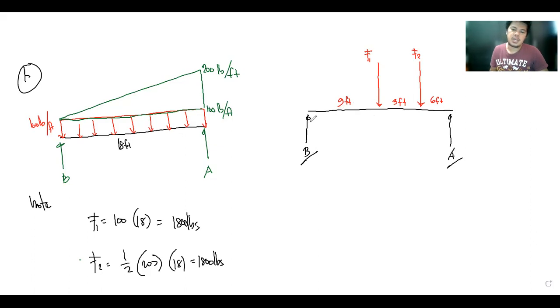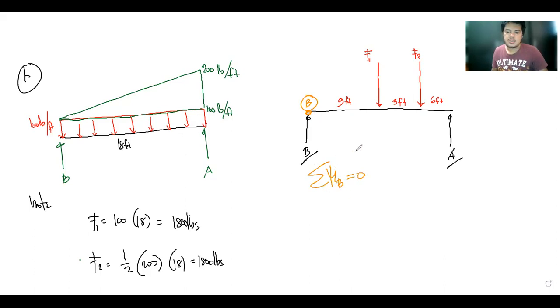We take the reference point at point B, the reason being to eliminate the moment effect of reaction B. Then we say summation of moment at point B is equal to 0.